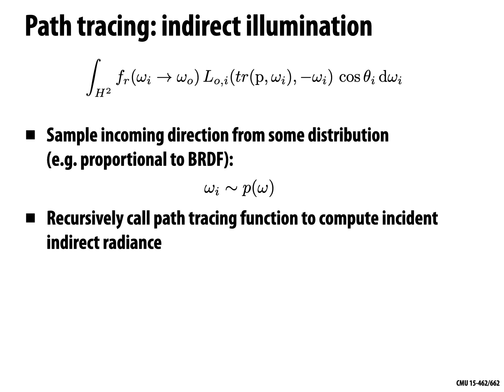Okay. So what we're going to do is sample the incoming direction, omega I, from some distribution. For instance, maybe we use cosine weighted sampling. Maybe we do it proportional to some more specific BRDF. Okay, but whatever we do, we sample directions omega I, and then we recursively call this path tracing function to compute incident indirect radiance.